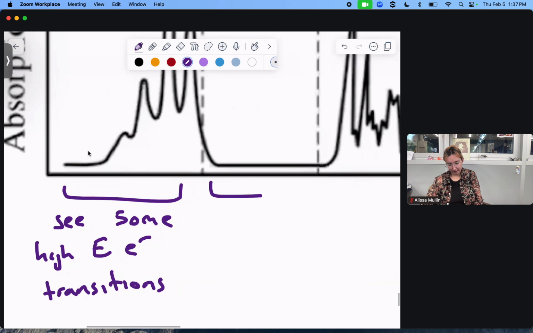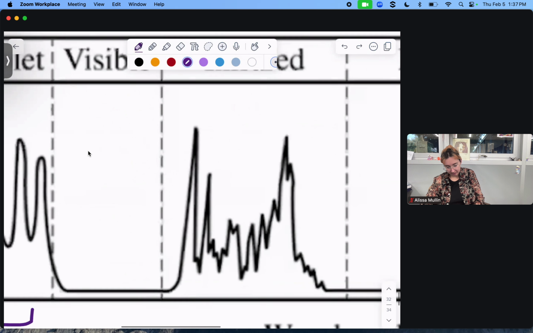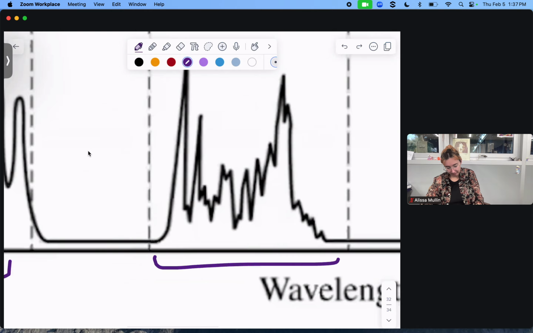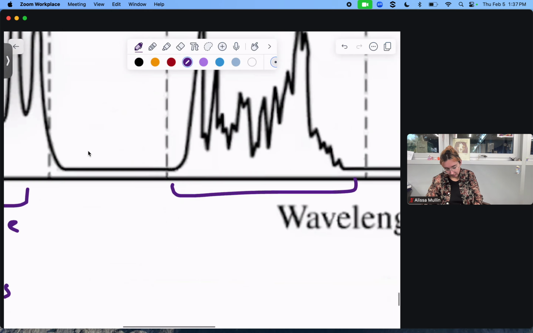We wouldn't see any lower energy transitions possible, but I'm also absorbing some infrared, and we know that infrared does vibrational movement. And also microwaves.